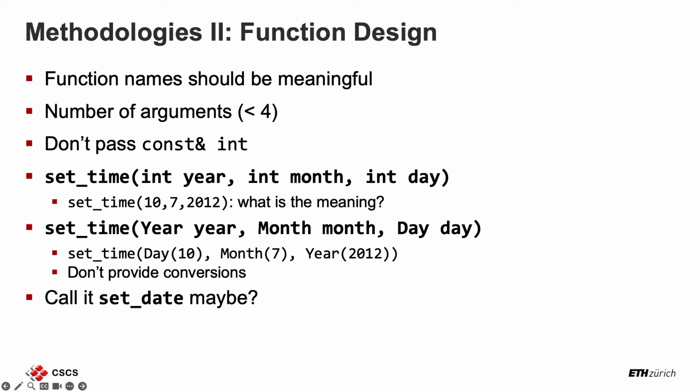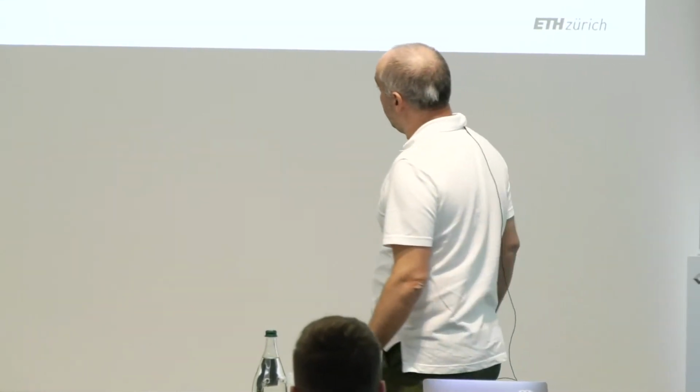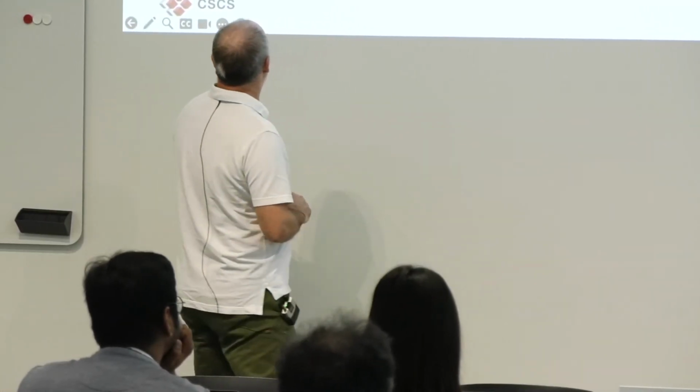So you cannot use it in the wrong way. And don't provide conversions between day and month, for instance. Respect the rules that you set for yourself, and maybe call it set date instead of set time, so we at least know that we're not talking about the hour of the day.